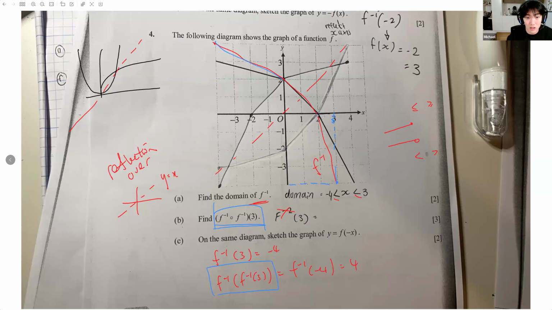These two correspond to each other. Wait, so right now there are 3 different lines. Yes, but the black one is the original function. The diagonal is the line of reflection for us to get the inverse function, which is the red line here.